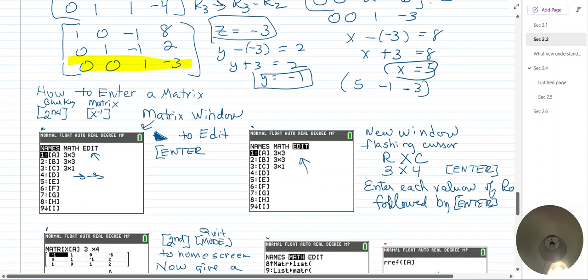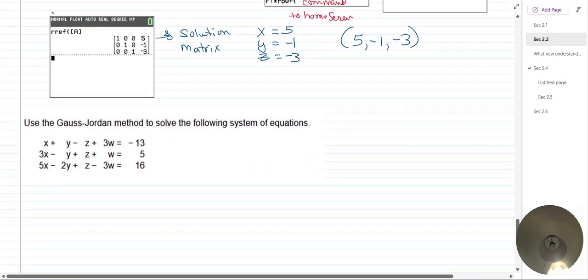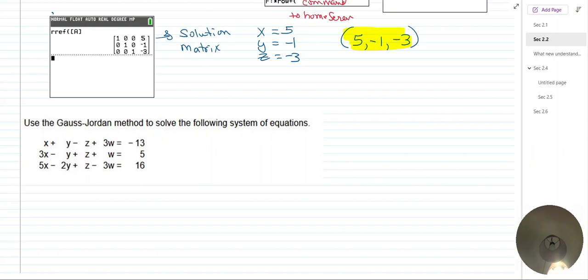There it is. There's our answer. 5, -1, -3. So lots easier. Just be careful. You have to, on your notes, write the matrix so you know what to enter and what size it is.